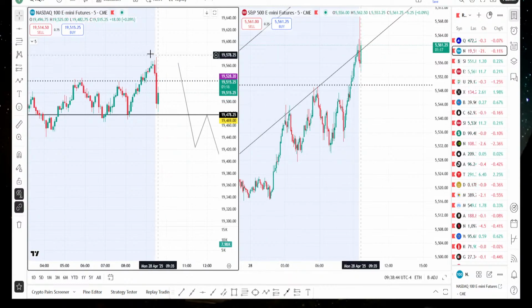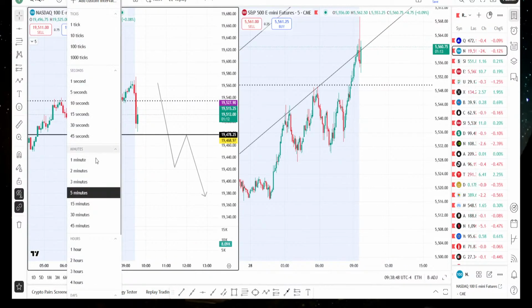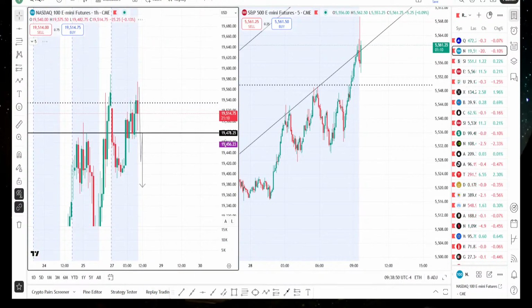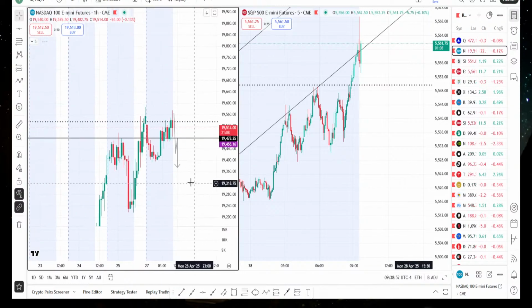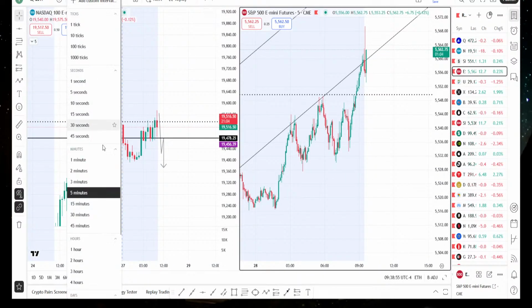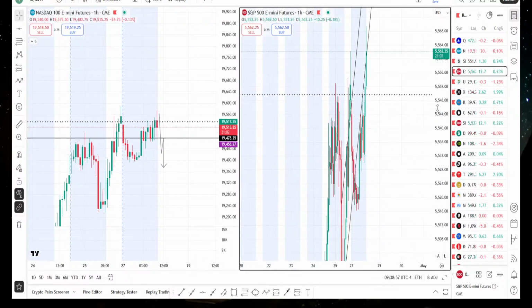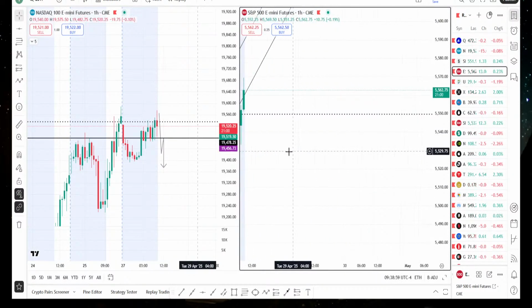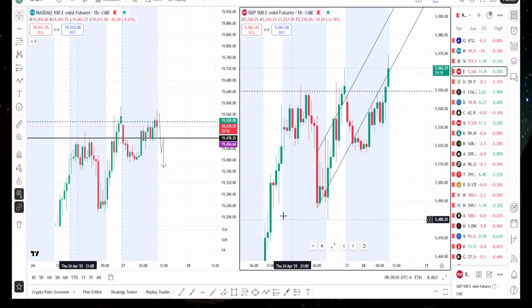Alright, let's get right to it. Check out the 1 hour time frame, the hourly time frame, and we're gonna do the same thing on both the NQ and the ES. We're gonna mark support and resistance.